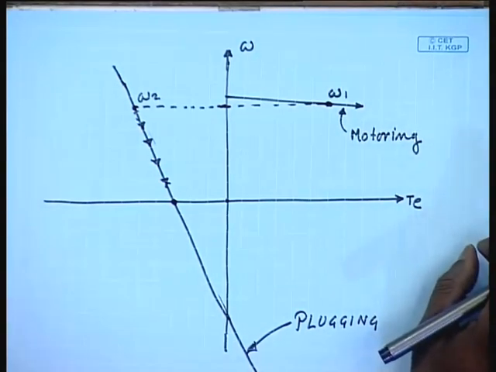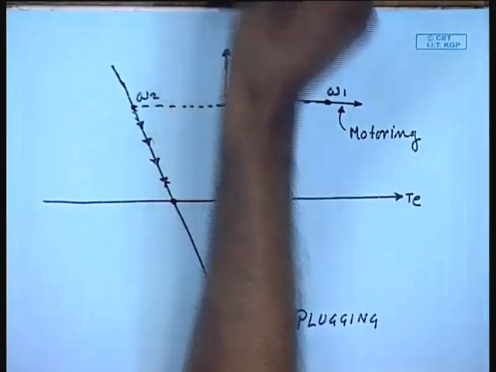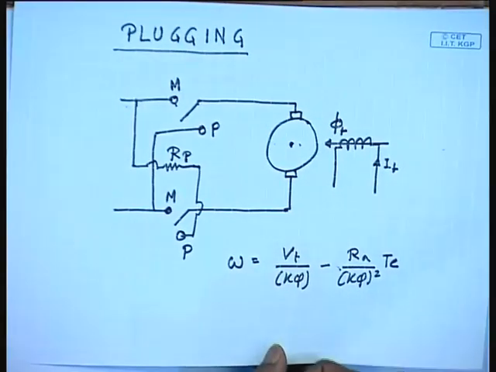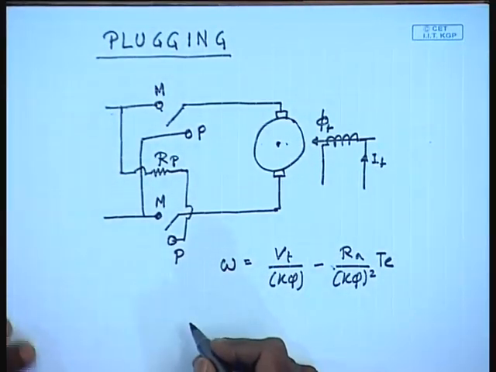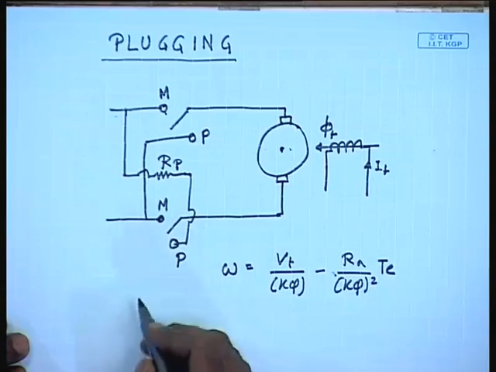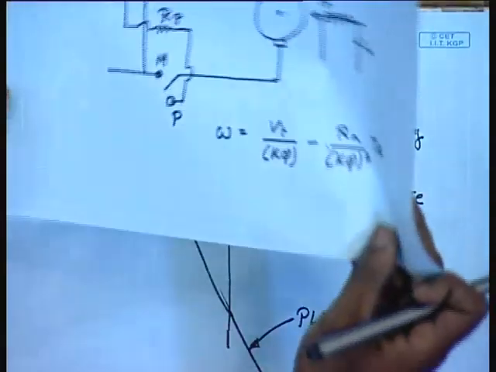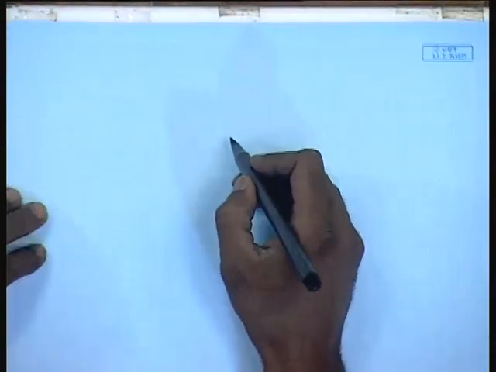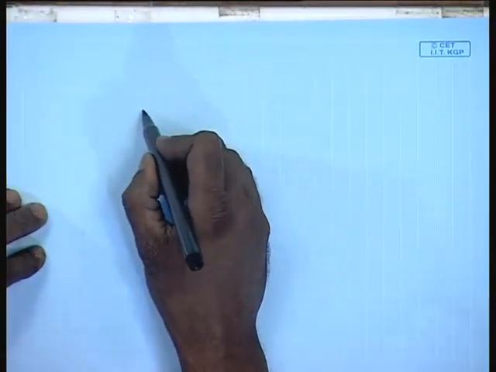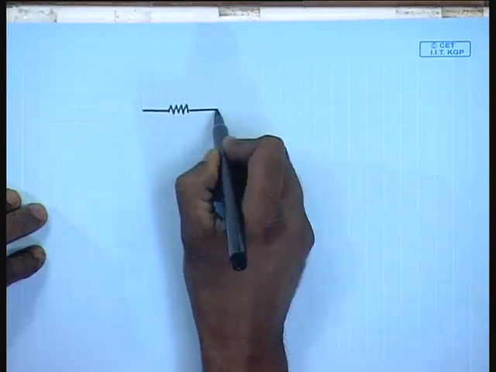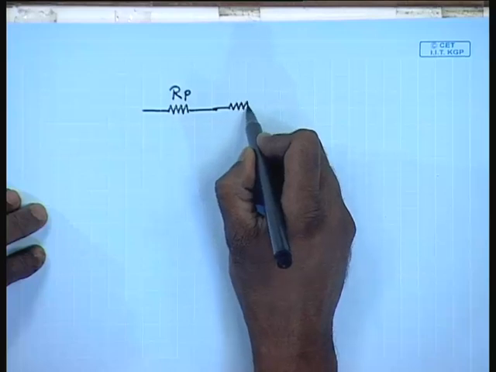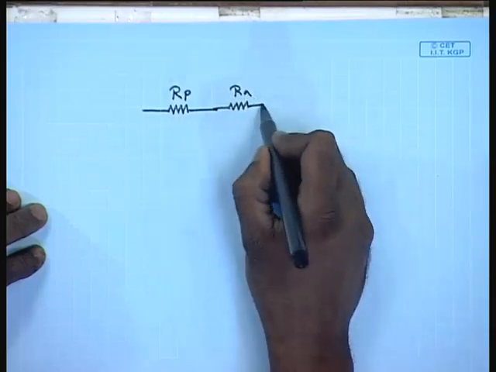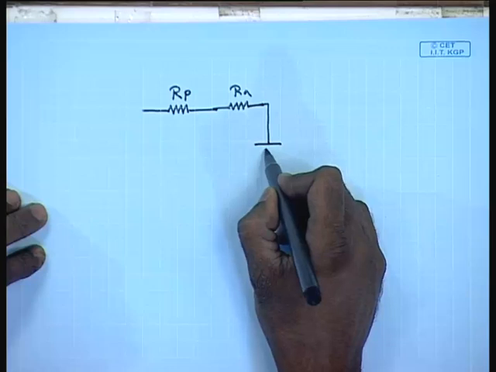Another thing to note is that during plugging, as long as the speed remains positive, the equivalent circuit of the motor becomes somewhat like this. This is the plugging resistance, this is the armature resistance, and this is the induced back EMF.